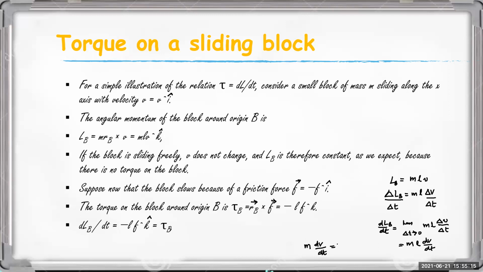According to Newton's law, that is equal to the applied force. Here the force is equal to minus F. Here the frictional force is equal to minus F. So we substitute that quantity, then it is equal to minus L F k cap, that is equal to tau b.